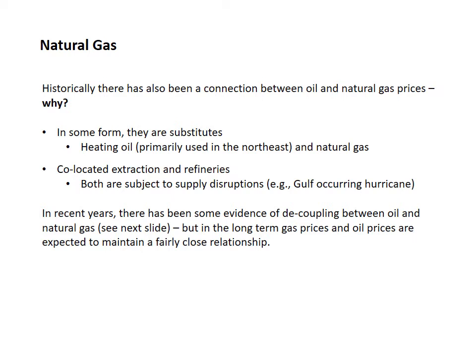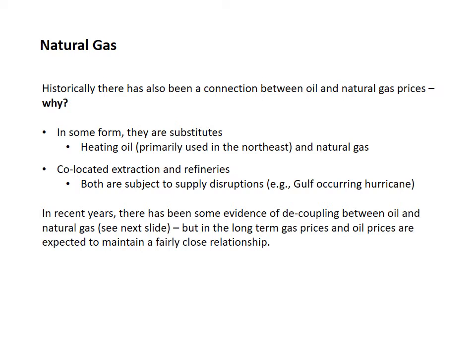So there's also historically been a pretty close relationship between the price of crude oil and the price of natural gas. And you may wonder why. Part of it is because in some applications, particularly residential heating, these are substitutes. But also they tend to be co-located in terms of extraction and refineries.